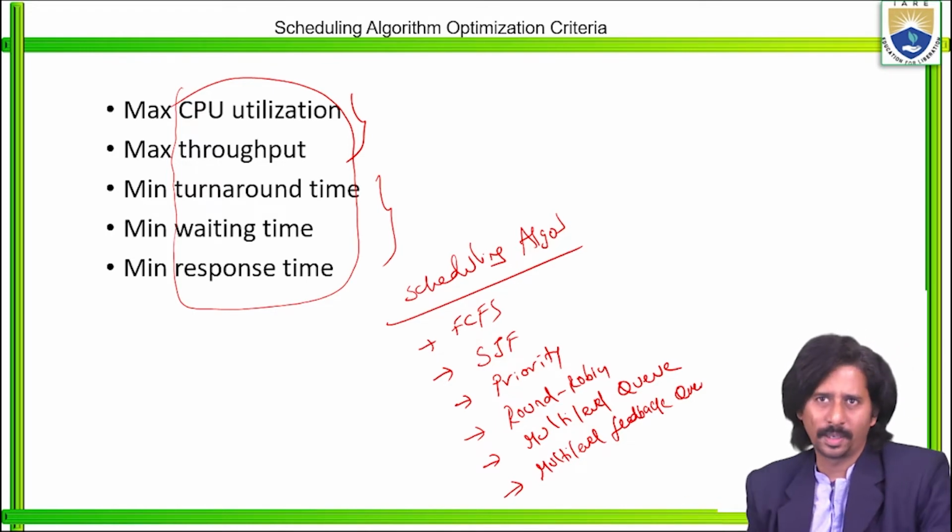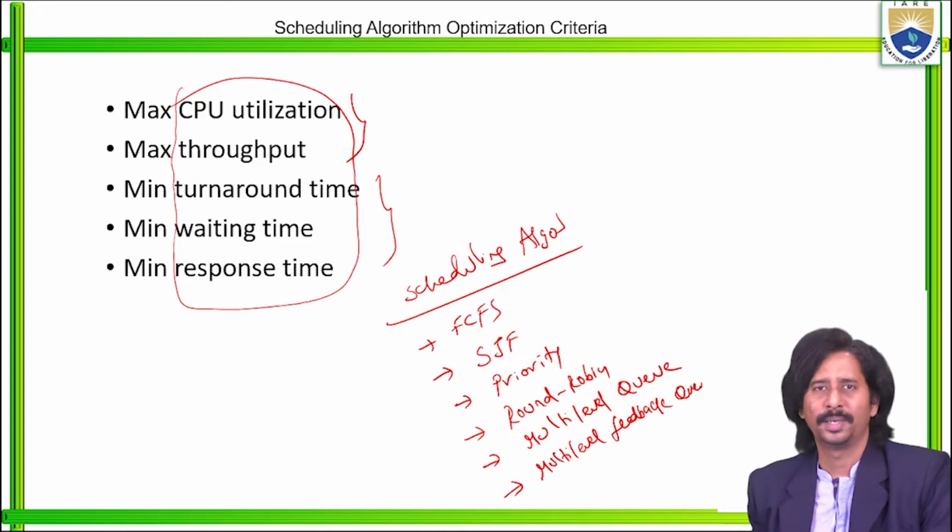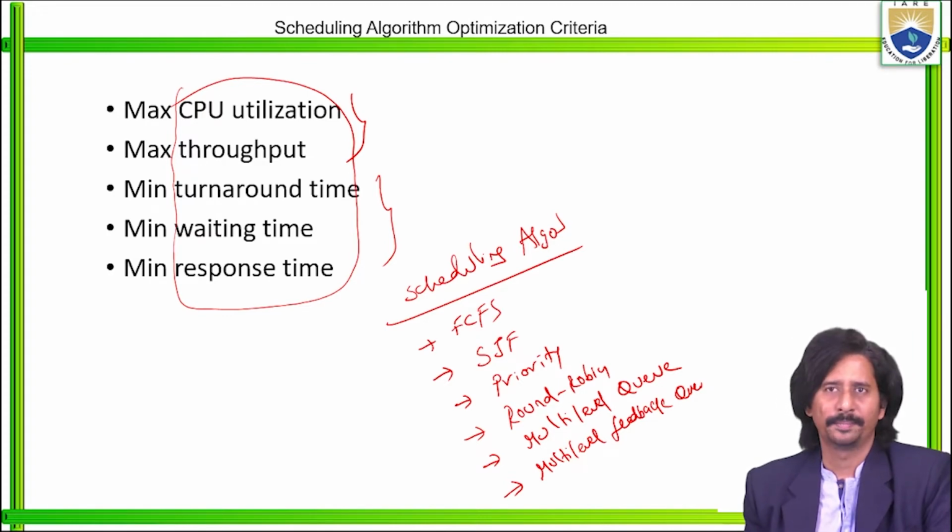So there are a number of algorithms, as well as thread scheduling, multiprocessor scheduling, and multi-core scheduling.